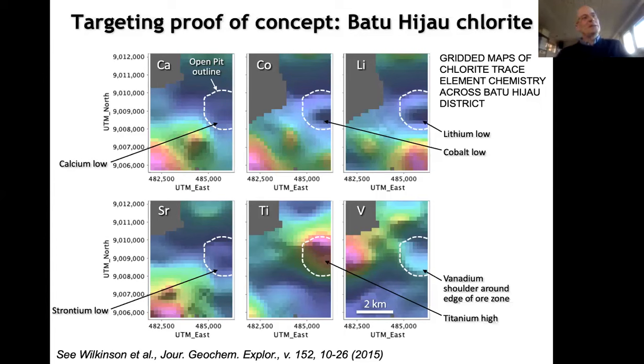And then the other thing is that there are some tools that I haven't really talked about today where the chemistry, particularly of some of the pathfinder metals like zinc and manganese, do seem to reflect the amount of metal that's been fluxed through a system. So the halo that you see in those elements in some of the propylitic minerals is generally higher, more elevated, and quite often pushed out to a greater distance where you've had more flux of fluid through the system and where the system is bigger and more mineralized.